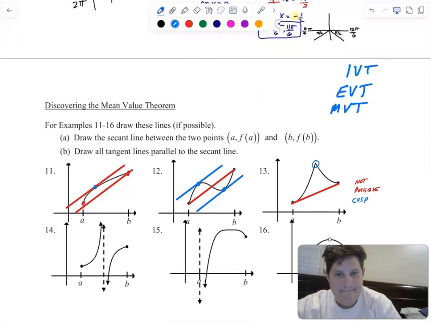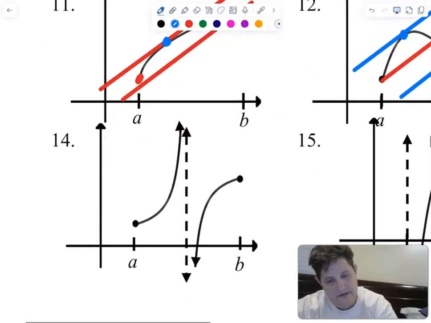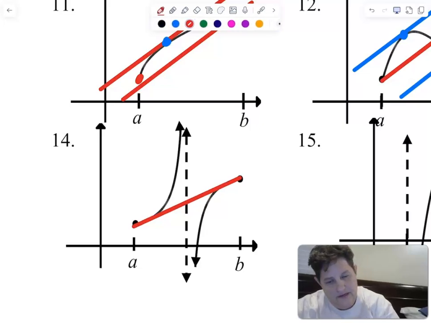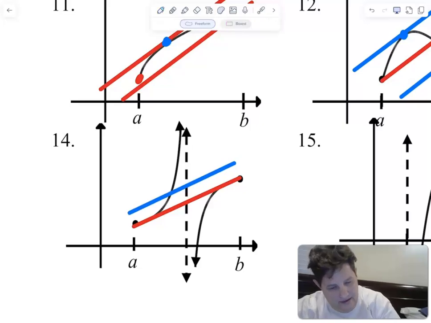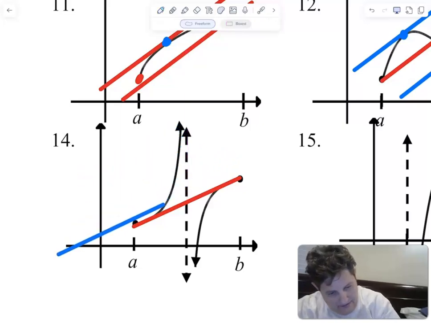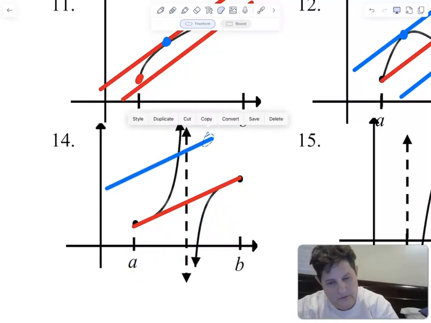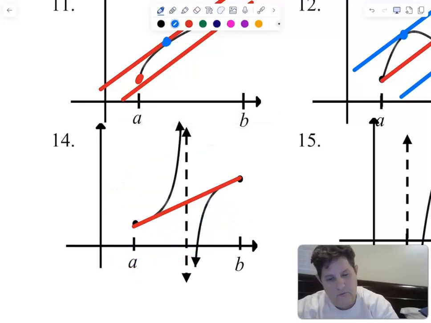All right, perfect. Let's look at number 14. Here's my secant line. And hopefully you can tell pretty quickly that line is not going to go anywhere on here. There's no parallel anywhere on here. So that doesn't work. And why is that? Well, it's because we have this asymptote right down the middle.